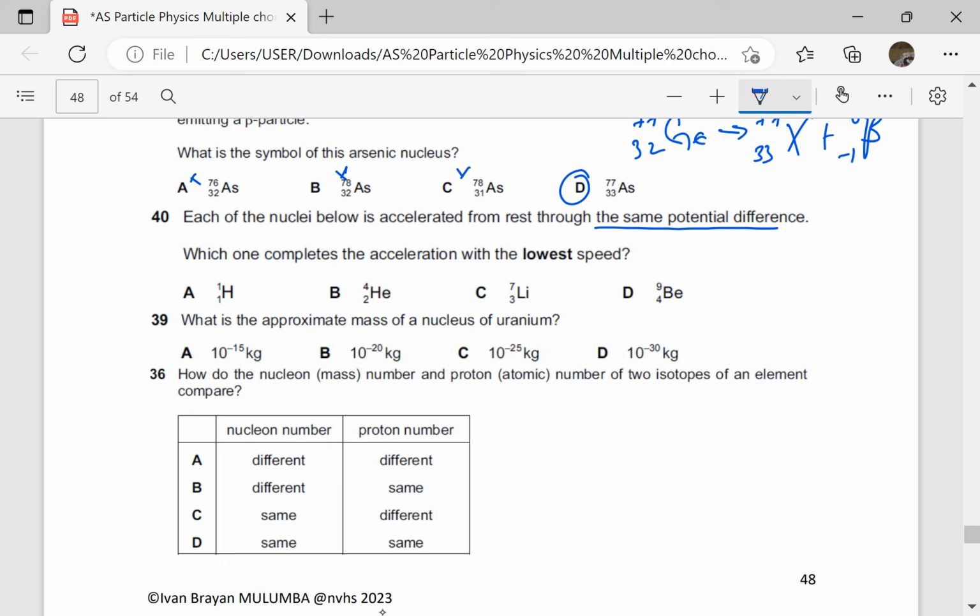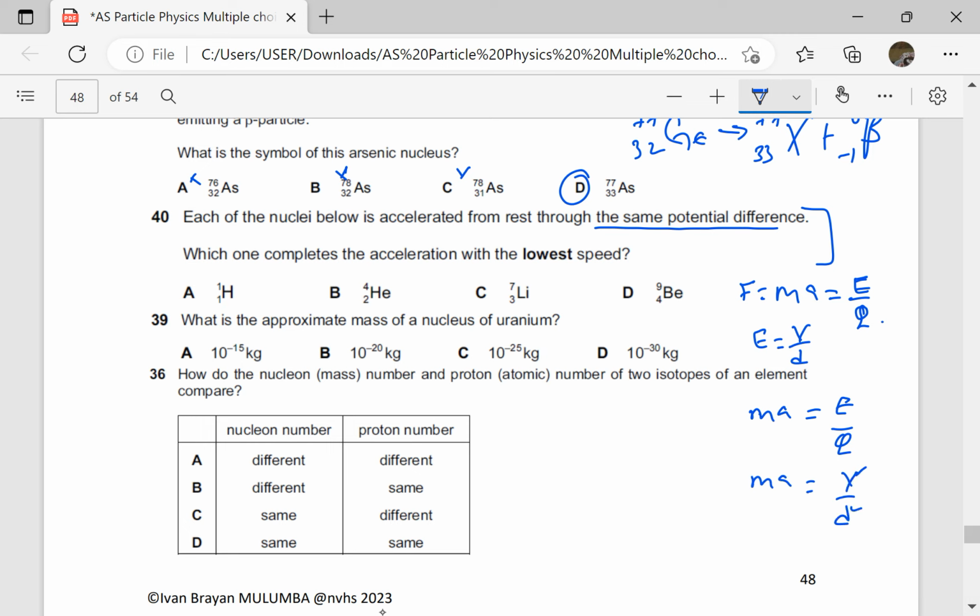So of course this is under electric fields. So force is equal to mass times acceleration, but force is E over charge, and E is equal to V over D. So it means the mass, the acceleration ma is going to be equal to... I want to bring in Q and V. So ma, or acceleration, is equal to E over Q, and also ma is equal to V over D. So they are accelerated through the same PD.